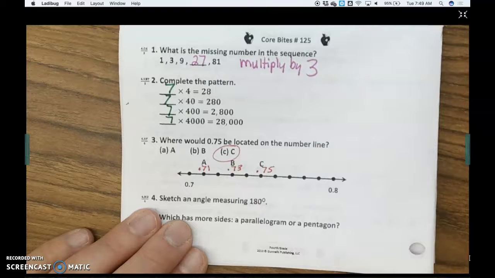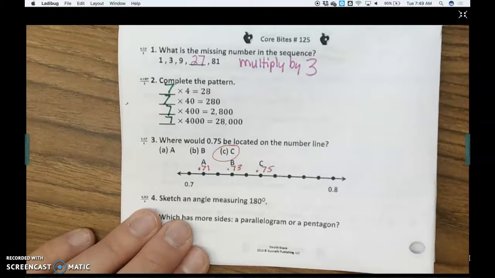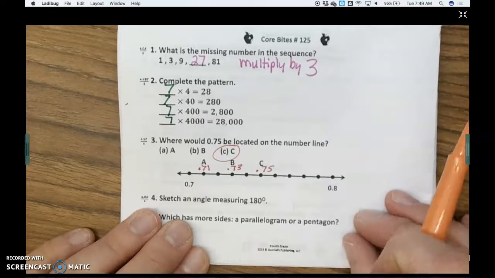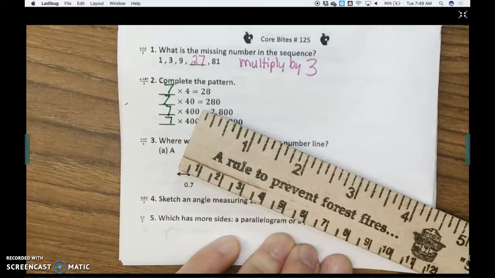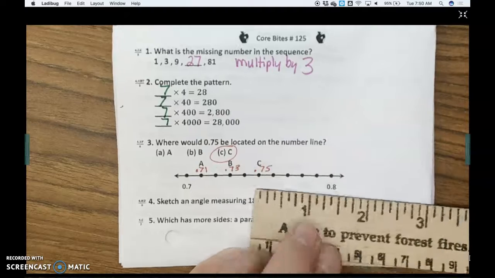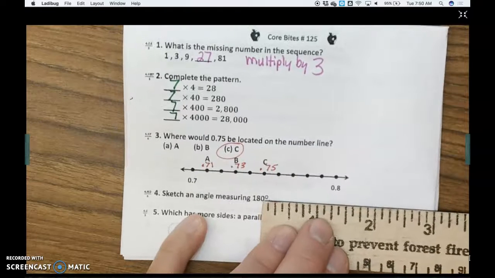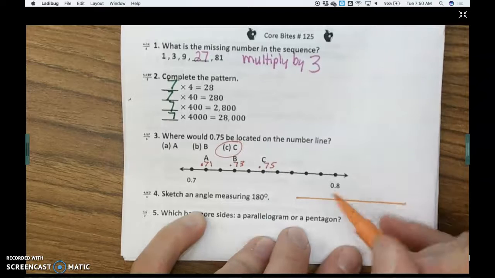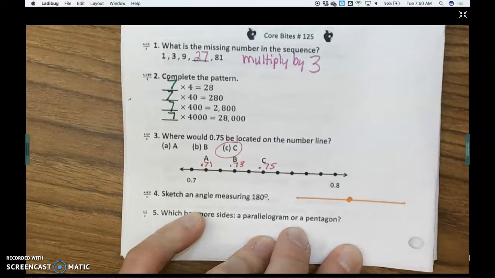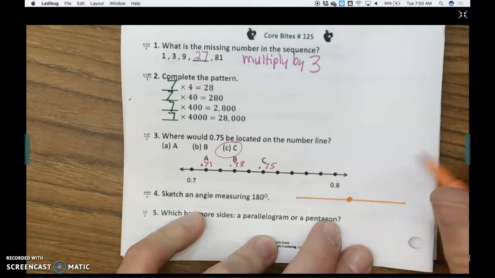For the next one, sketch an angle measuring 180 degrees. So if you have a ruler, great. If you don't, it's okay. But I happen to have one. So I'm just going to draw me a line. I'm going to put my point in the middle because that's where they meet, if it's an angle, because that's what we're doing, an angle.